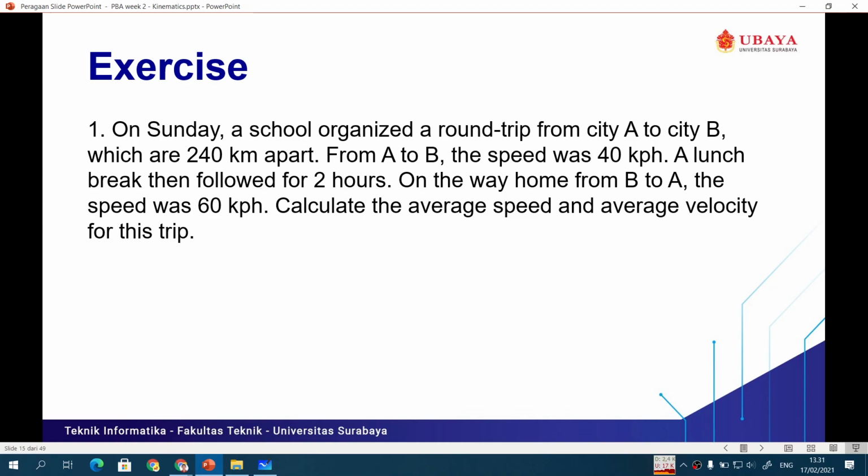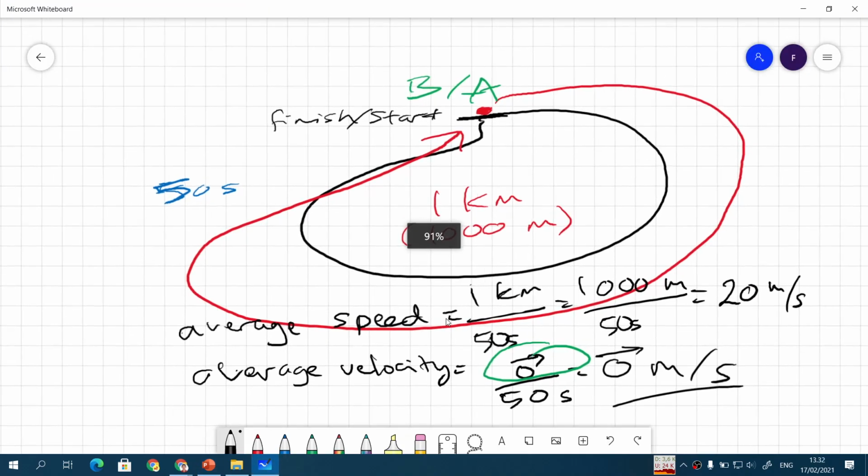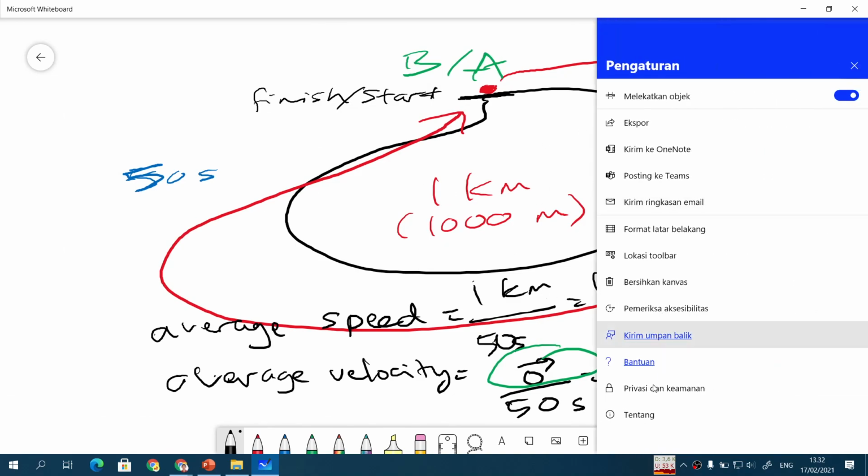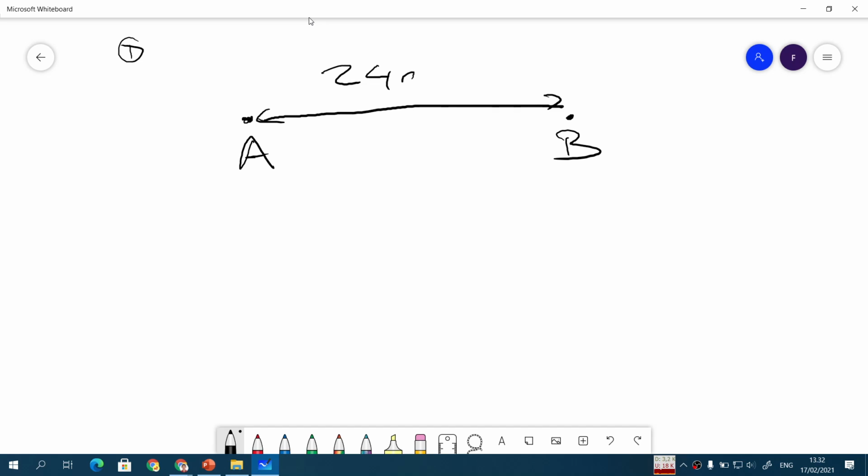For this question, it is best if we draw it. Okay, I will clean my canvas to draw this case here. This is for number one. We have the information that the distance between city A and city B is 240 kilometers.